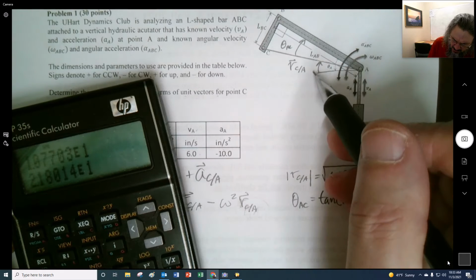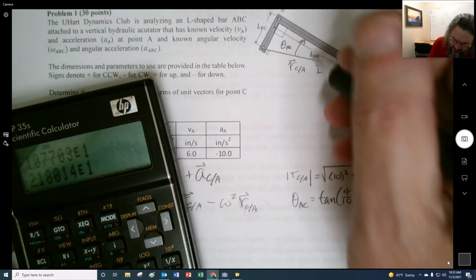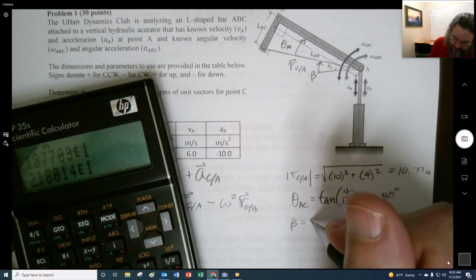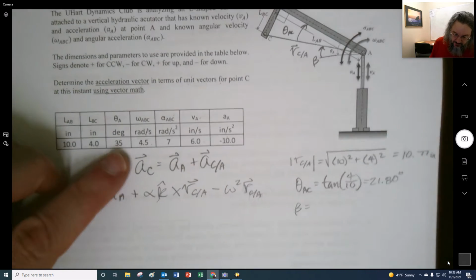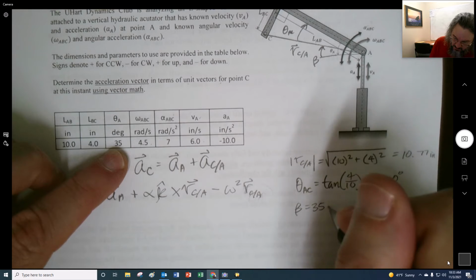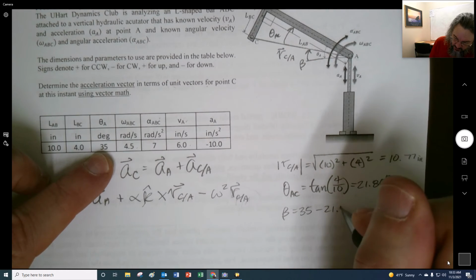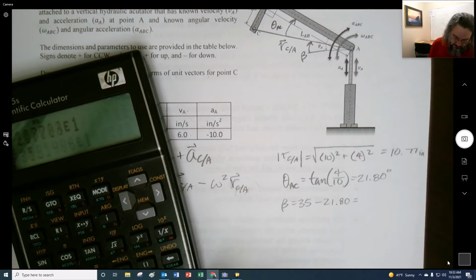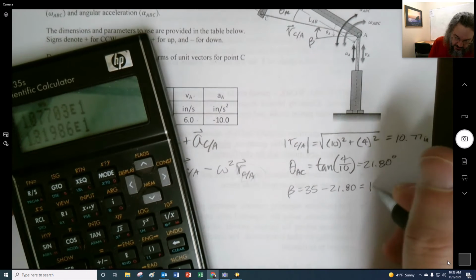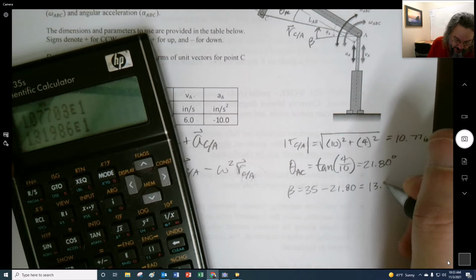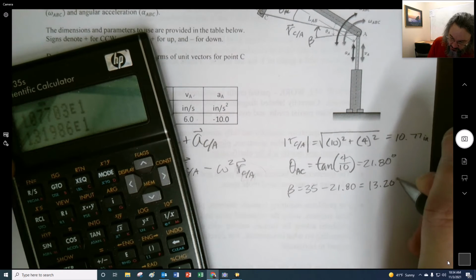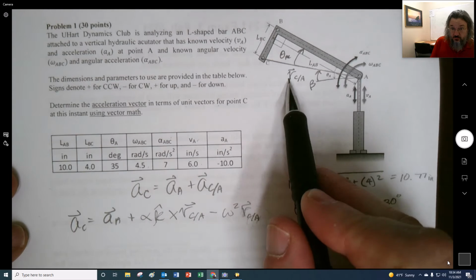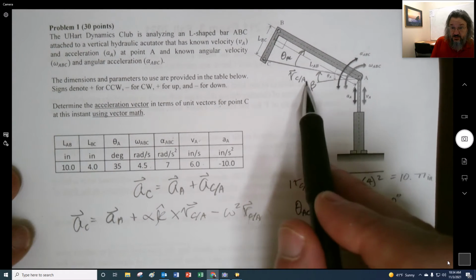I'm going to call it beta. I needed to come up with a name, so beta is just going to be 35 degrees minus 21.80. So we get 13.2 degrees.